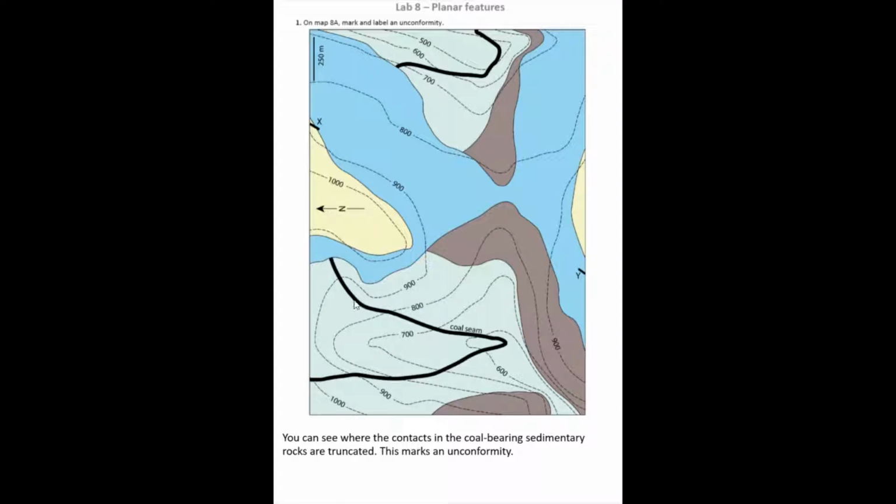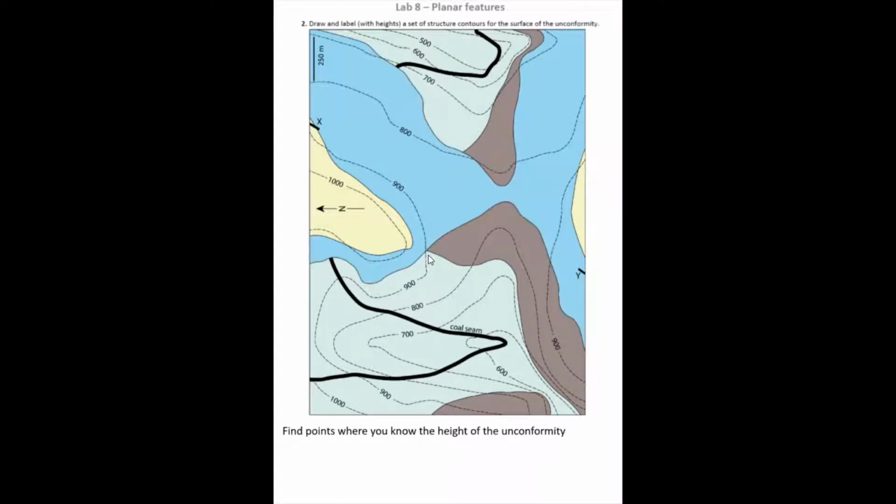You can still follow it in outcrop, and then it stops, it gets truncated, it disappears beneath this unconformable blue unit, and then it reappears back where we expect it in its own sedimentary package. So this unconformity is pretty straightforward to label. It's basically the basal contact of that blue unit. It truncates all of the other contacts in the other older sedimentary rock package.